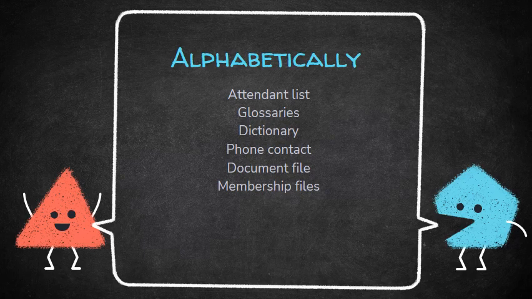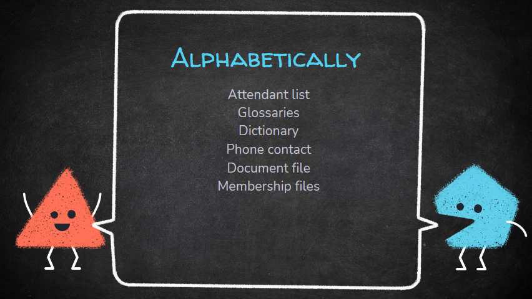Okay, and then glossaries. A glossary is a vocabulary pack, like a dictionary. The same as a dictionary, those are vocabulary packs which are listed alphabetically. So make sure that you know the first letter of the word.